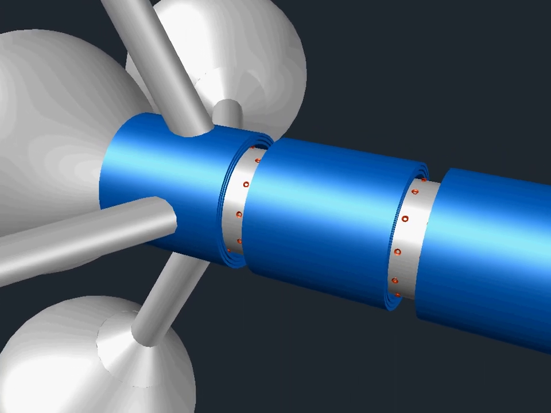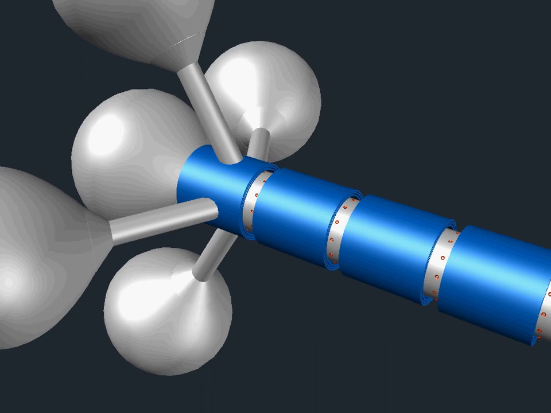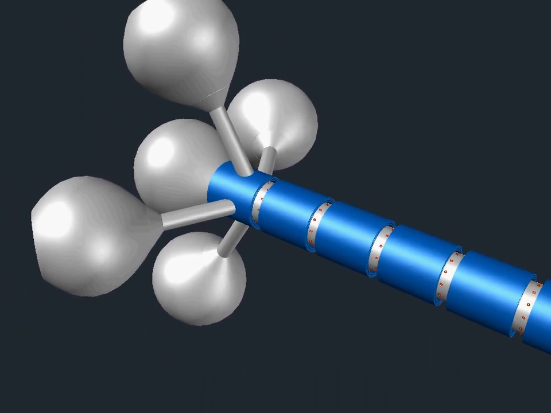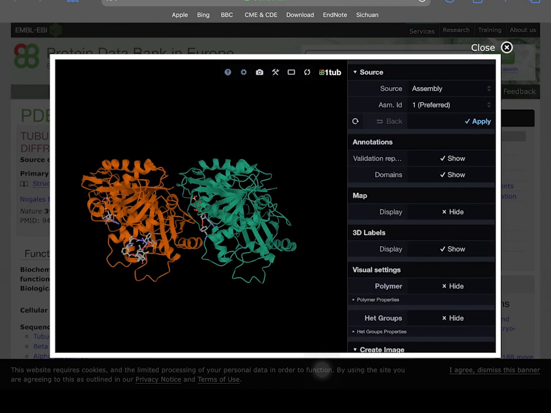Within this structural framework, we will utilize open source, large data sets to add molecules and functional details. For example, this open source 3D structure of tubulin will be linked to tubulin molecules, shown in this virtual neuron.